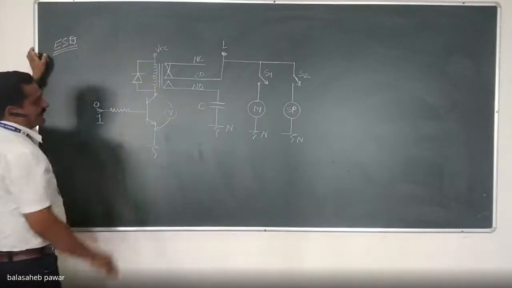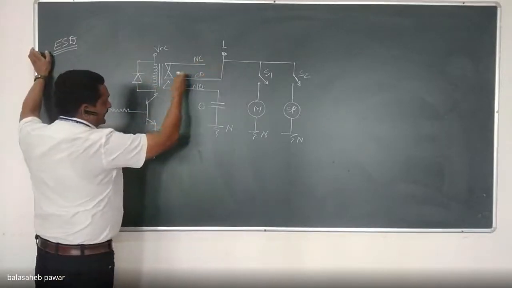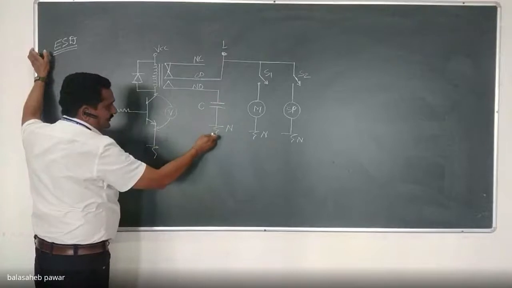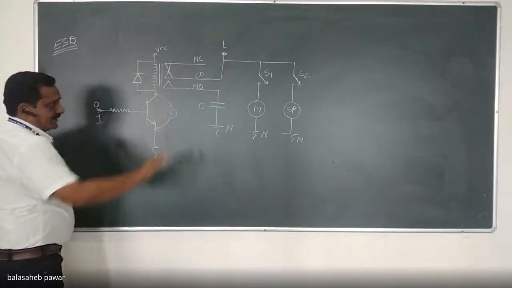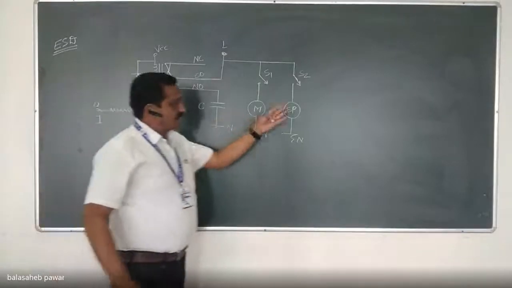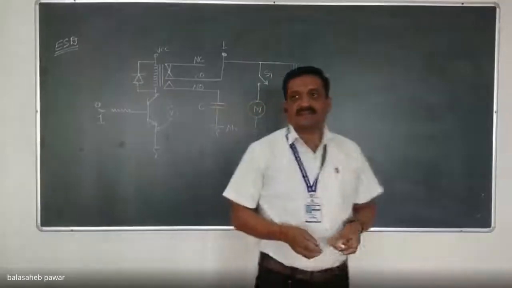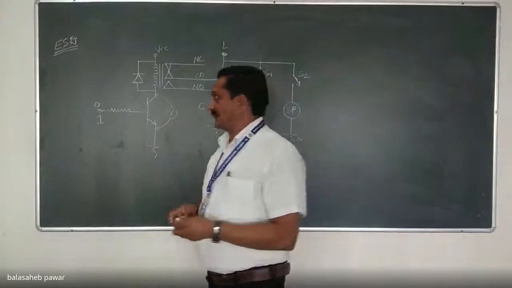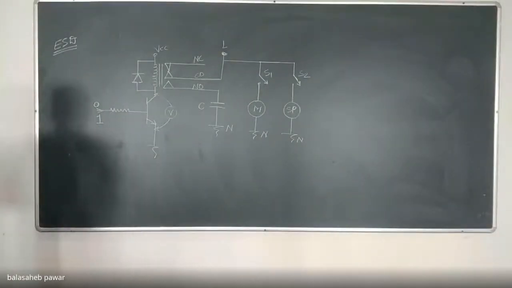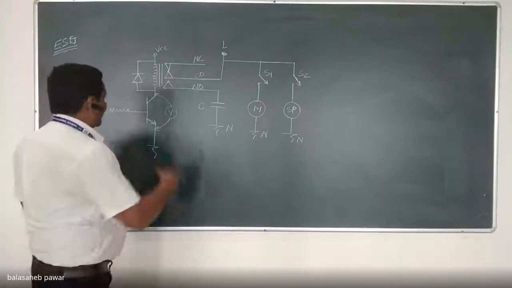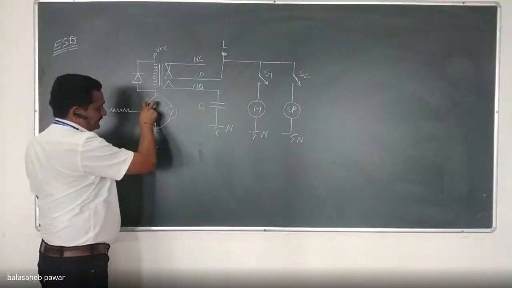And that relay will get operated, the live terminal will get connected to the capacitor with respect to neutral. That means this capacitor will come in parallel to the respective motor, either the underground tank motor or the submersible pump. Is it clear?